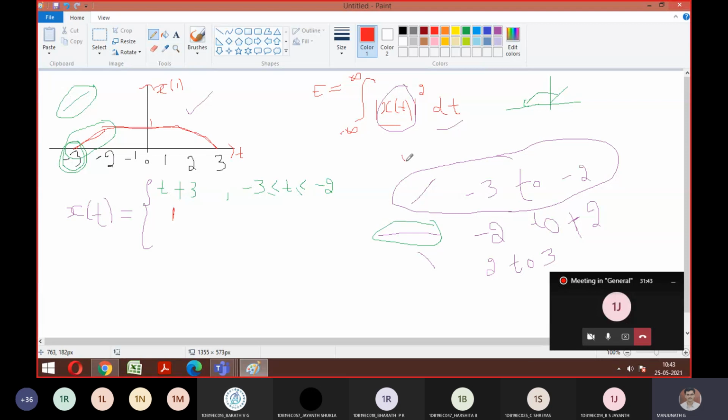If you write u of t as x of t, while doing integration I will change the limits depending upon the time interval, from -2 to +2, and integrate. You should not take a less-than concept here, because it is a unit step function. Am I clear till here, everyone?